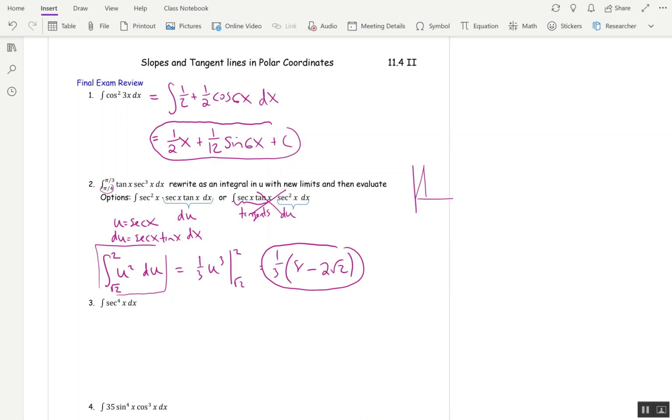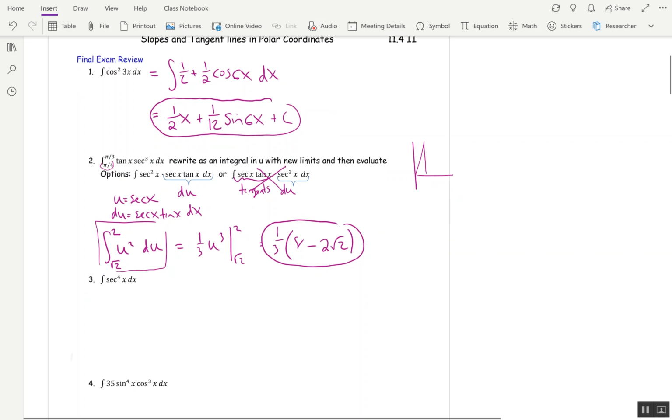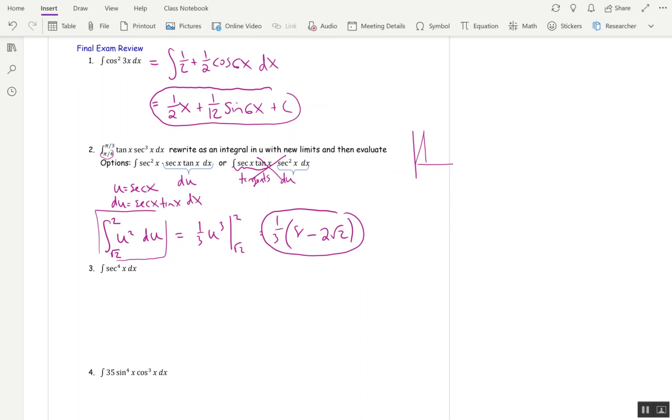Okay, next one is also powers of secant and tangent, but there are no tangents there. So pulling out a secant tangent as a du is going to be impossible. So let's try writing this as secant squared times secant squared. And the secant squared, this will be our du.